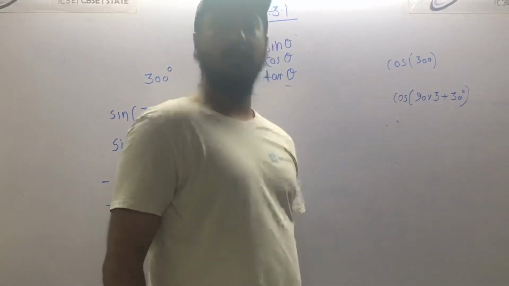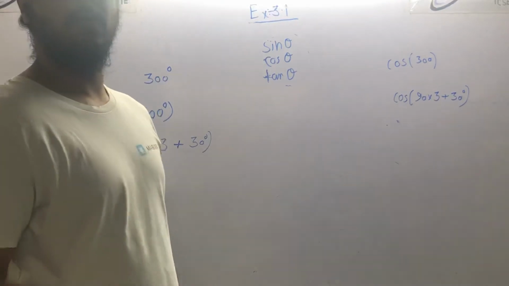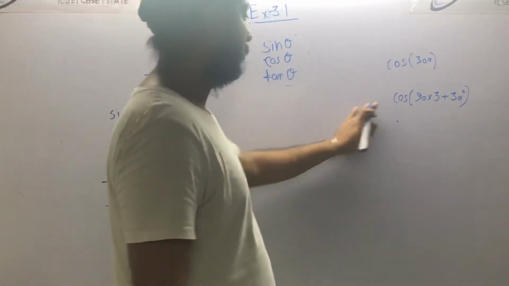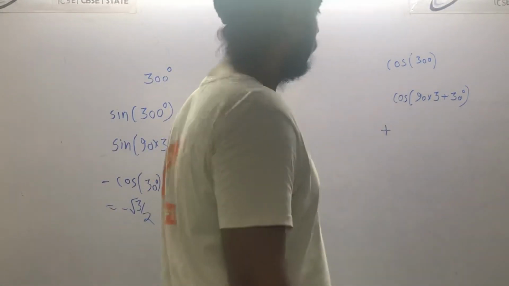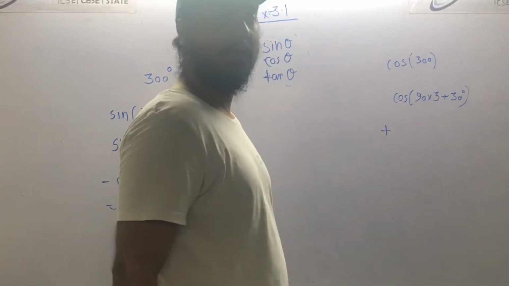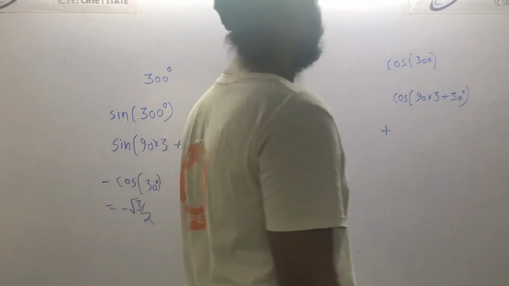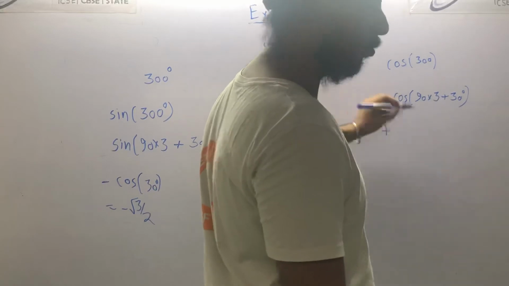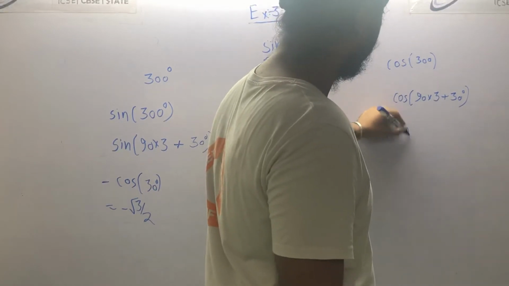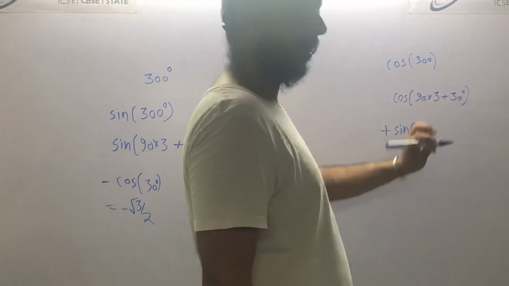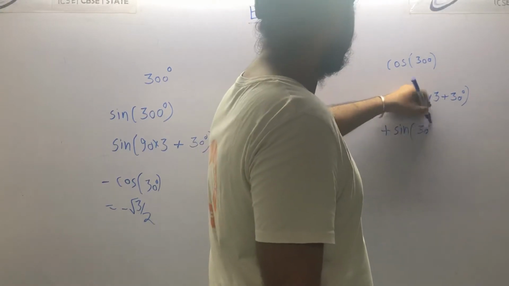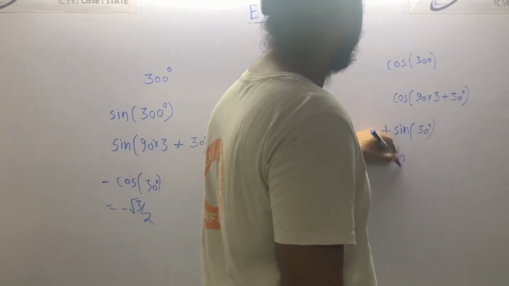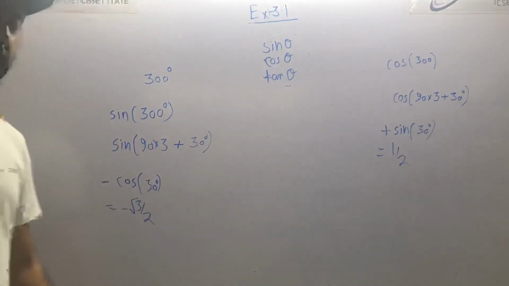This is lying in the fourth quadrant, I already showed you. In the fourth quadrant, is cos negative or positive? It is positive. Now the multiple here is even or odd? It is odd, so cos will convert to sine. And what is the remaining thing? The angle 30 degrees. So this comes out to be 1/2. Hope that is clear.